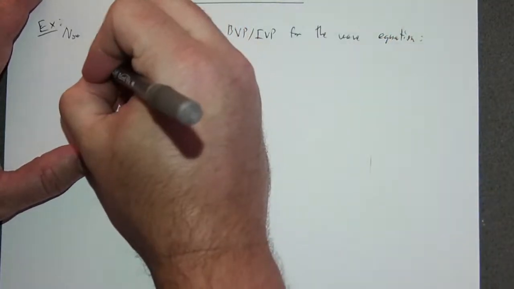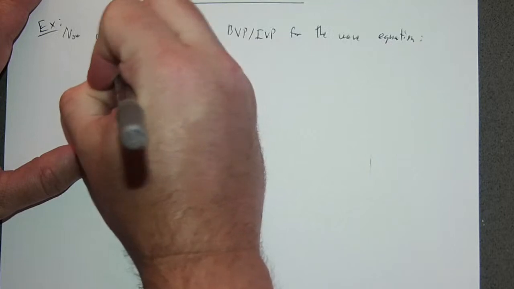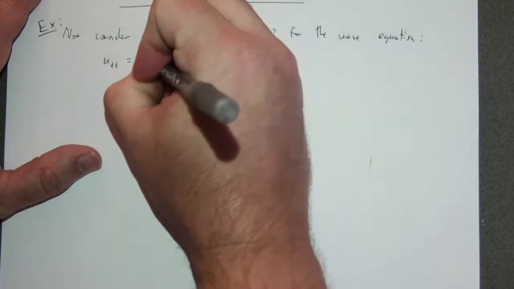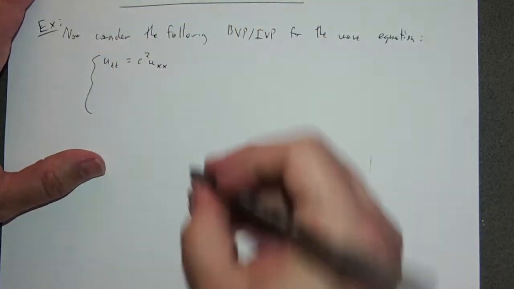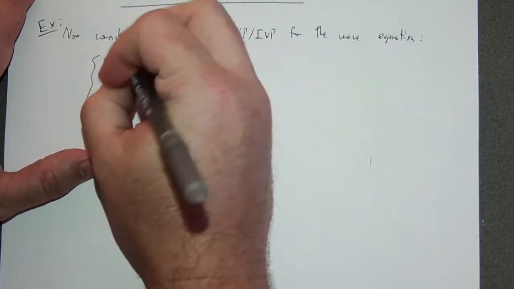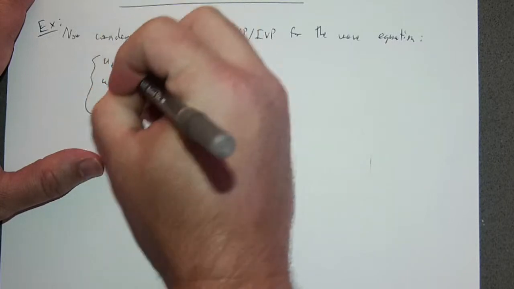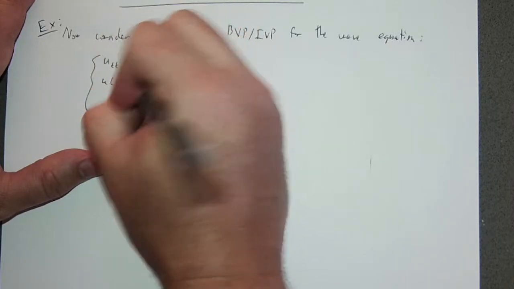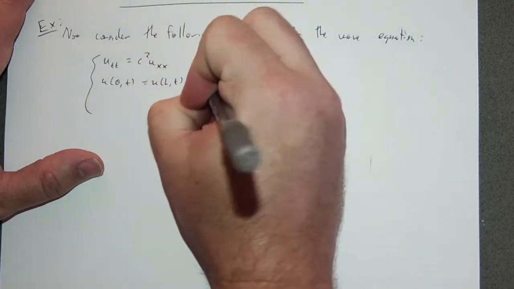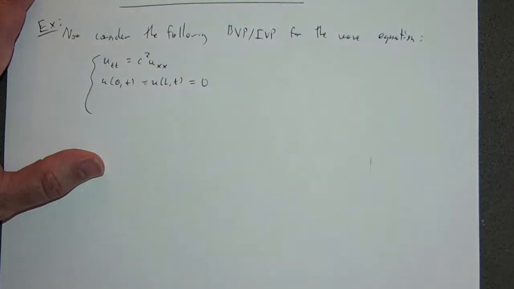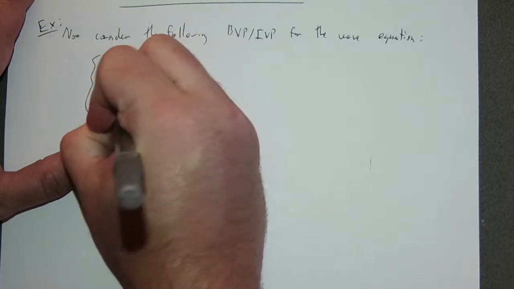Which is u sub tt is c squared u sub xx. And my Dirichlet boundary conditions are the same. They're homogeneous. So this is u of 0, t is the same as u of L, t, which is 0.